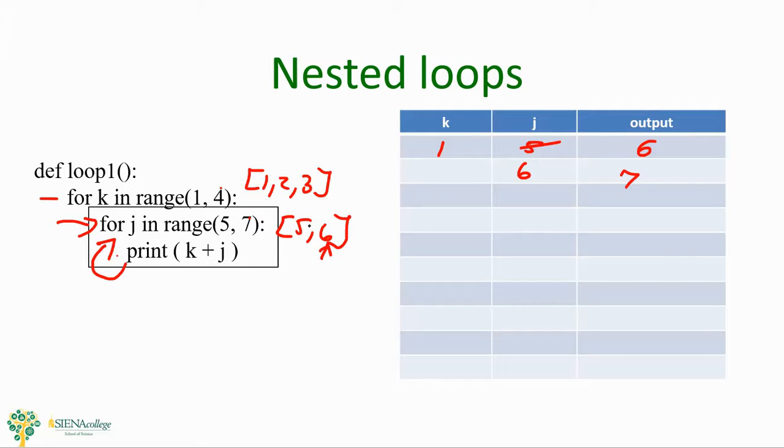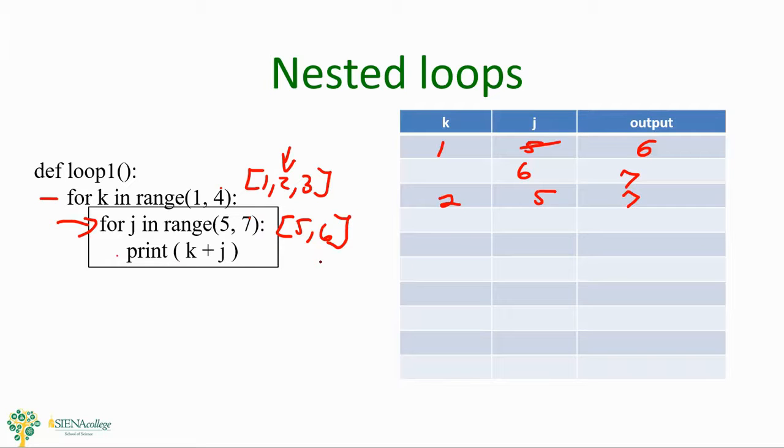Since we've exhausted the list here, we now go back to k and we move from 1 to 2. So k now becomes 2. And the second time in, j starts again. J will start with its 5. 5 and 2 is 7, so we'll print out 7.